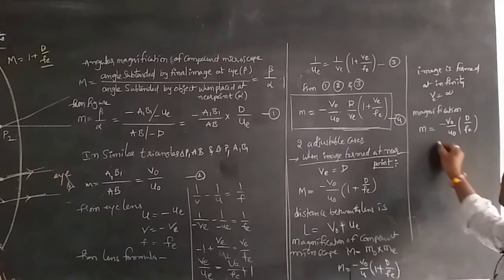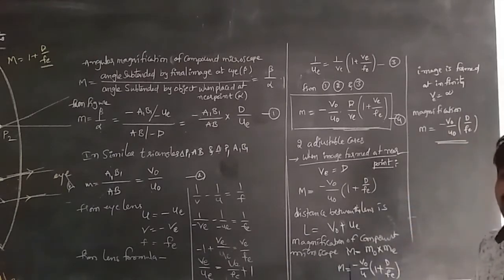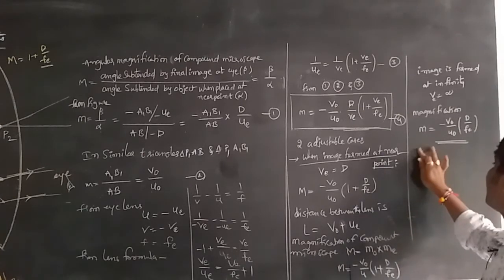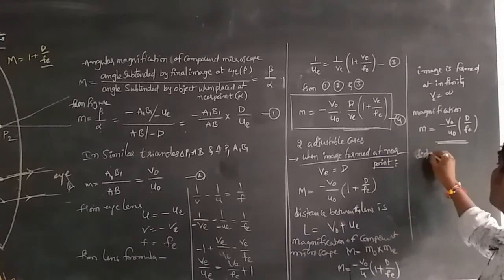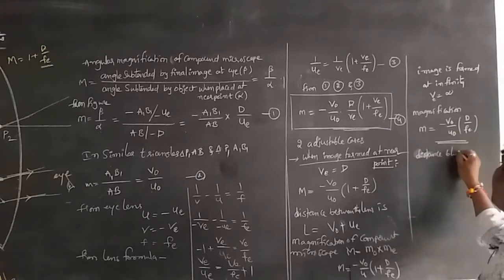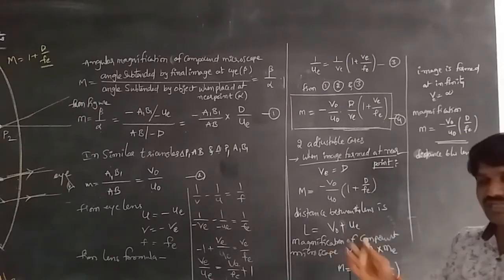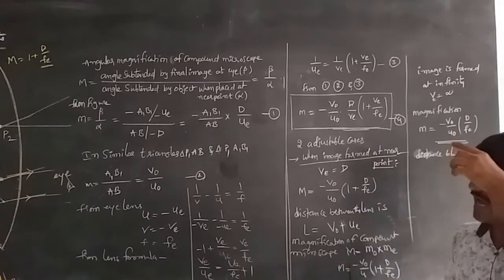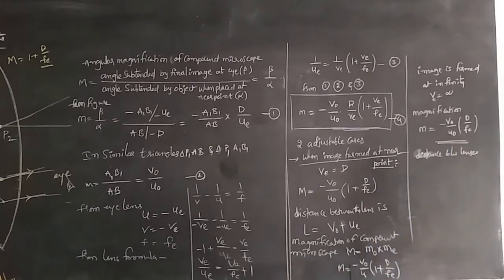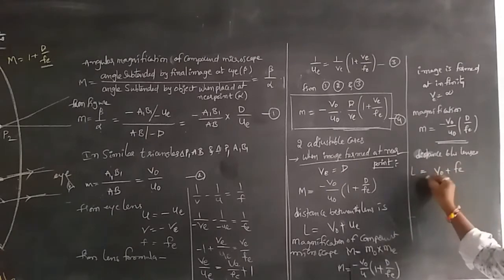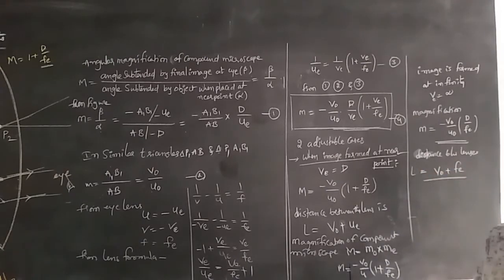This is the equation for the magnification. For the distance between the two lenses, the objective lens and the eyepiece, L is equal to V naught plus FE.